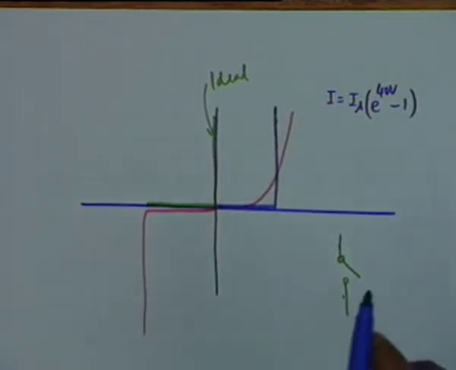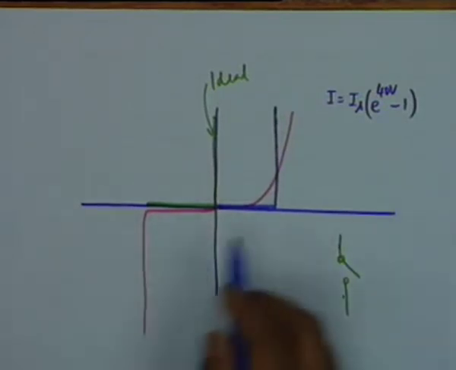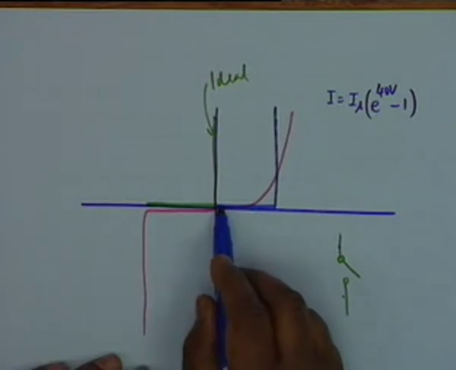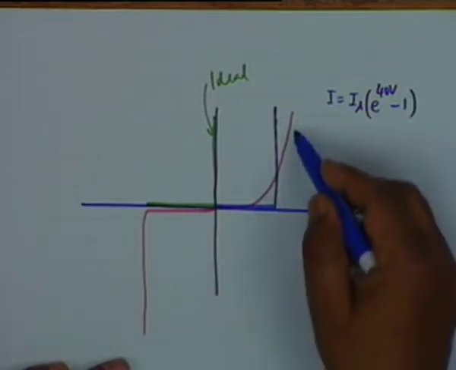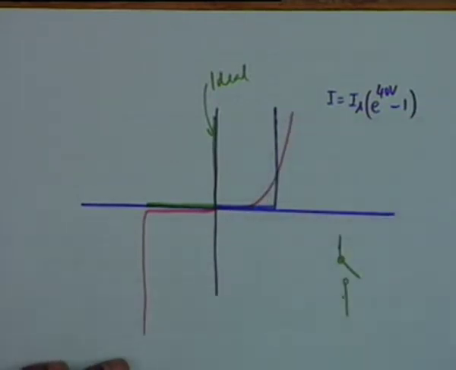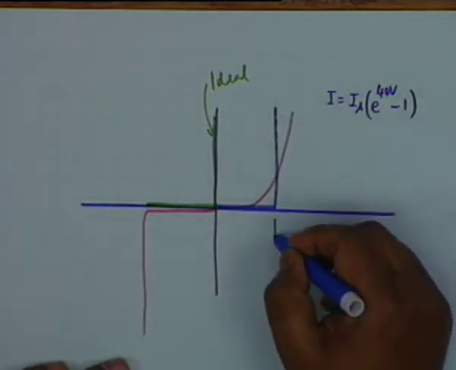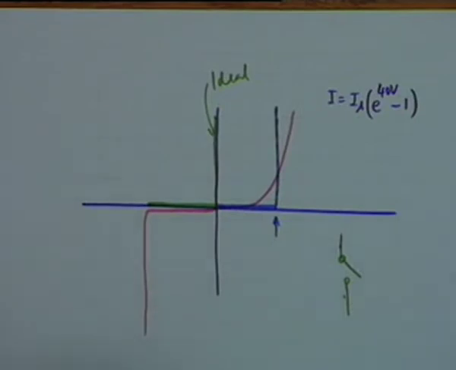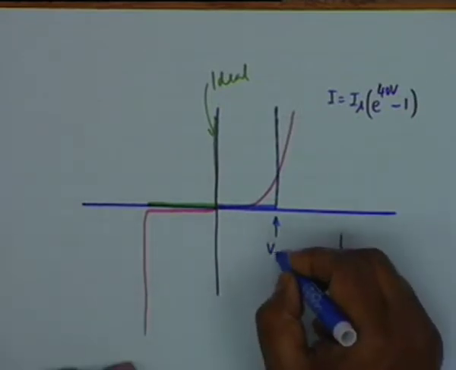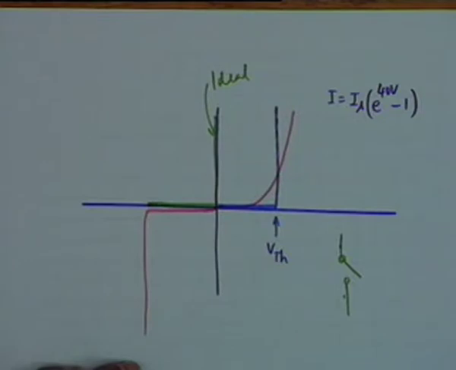We have introduced one non-idealness, namely we have said that the diode does not conduct exactly at 0, it conducts at some voltage here. Mind you, we are approximating this red curve by the blue curve, and this voltage is called the threshold voltage, VTH, and is of the order of 0.7 for silicon and 0.3 for germanium.